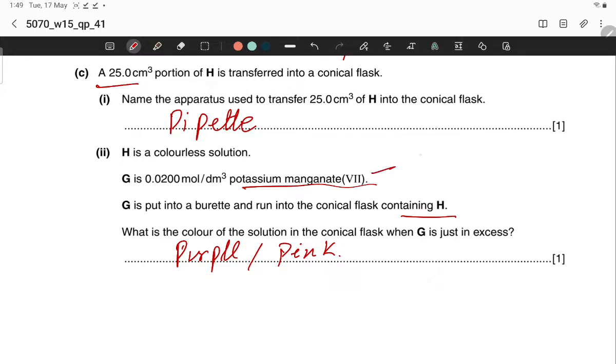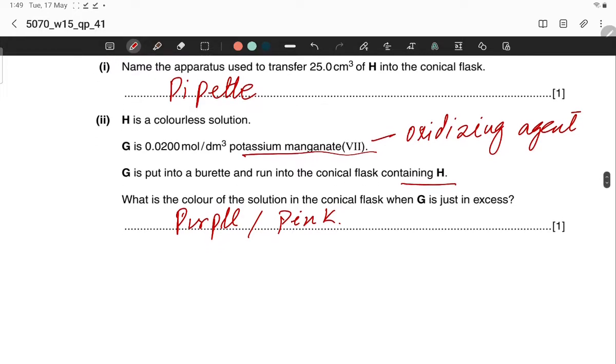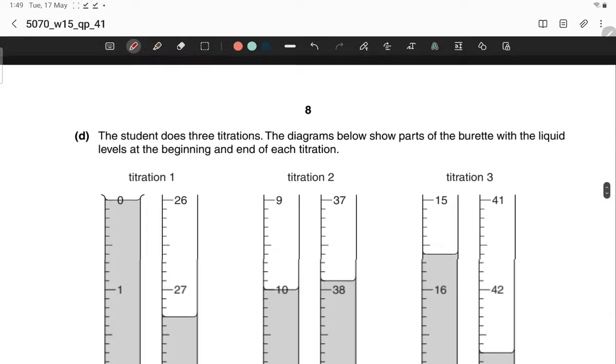So this is used as an oxidizing agent in this reaction, and this is a type of redox titration. This is oxidizing agent, and oxalic acid acts as a reducing agent. G is just in excess.